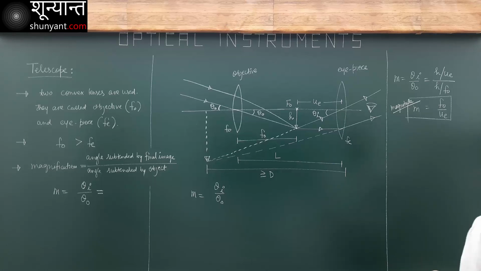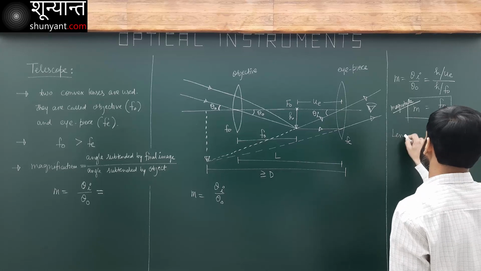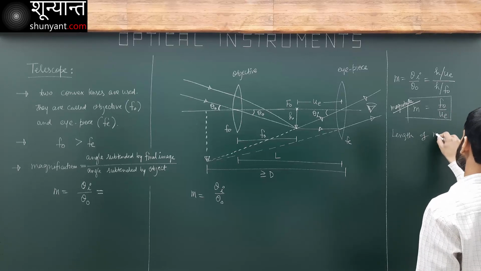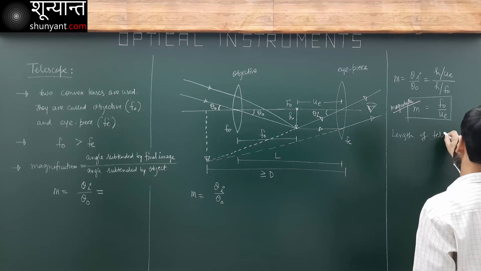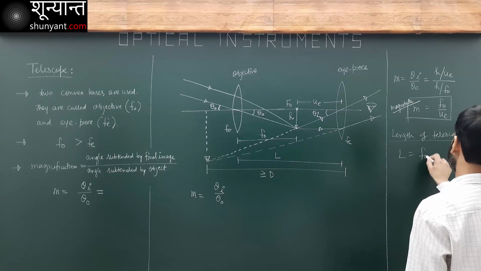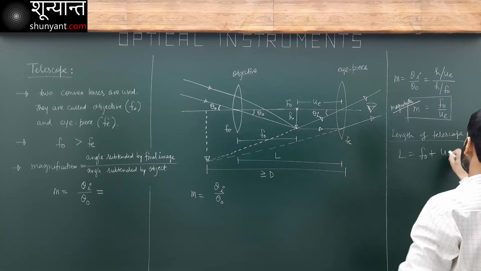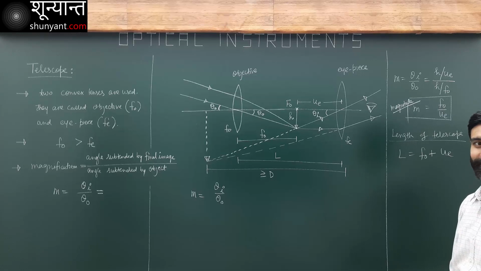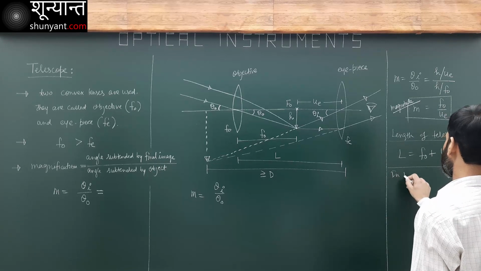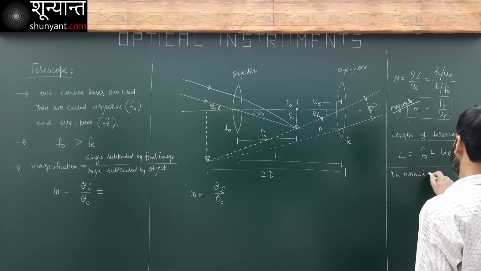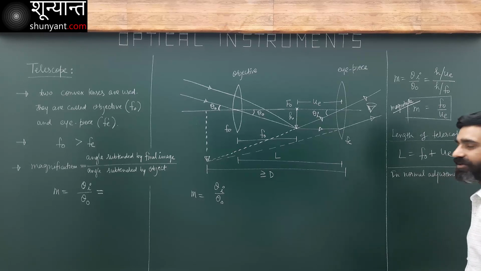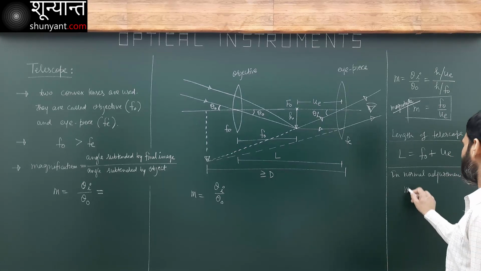Makes sense? Now, what about the length of the telescope? It's very simple: L is equal to FO plus UE. Now, in normal adjustment, what will be the magnification?